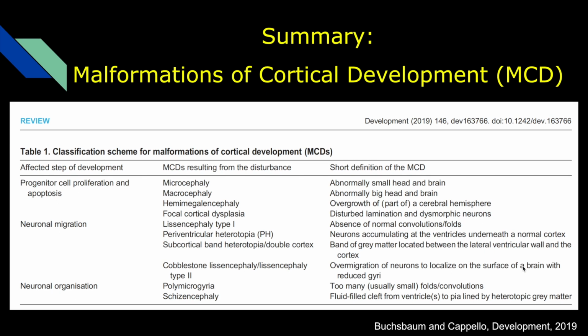Cobblestone lissencephaly we discussed. This is a problem not with migration, but rather a defect in the glia limitans, which leads to overmigration into the subarachnoid space. And again, we have polymicrogyria, which is really the excess amount of convolutions due to this fusion of nearby molecular layers with intervening leptomeningeal vessels.